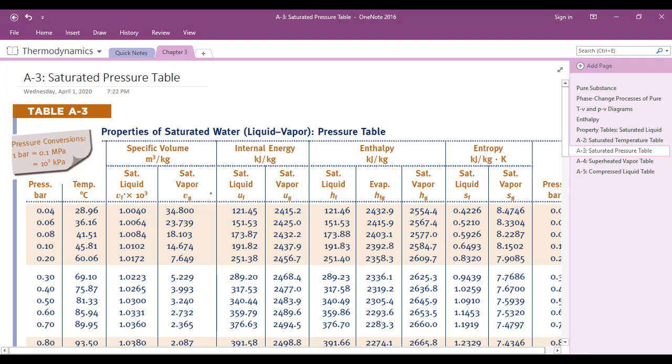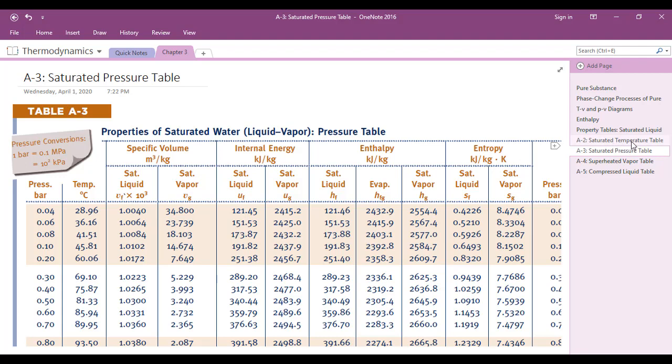So now I will just give you an example for water as a pure substance. However, for other substances, similar tables are given. So if you understand how to use the water tables, you will know how to use different tables for different substances. So tables A2 and A3 are for saturated liquid and saturated vapor data.